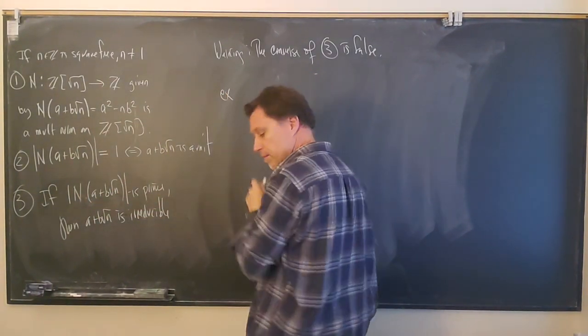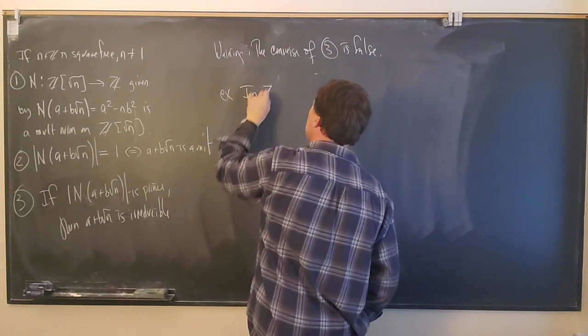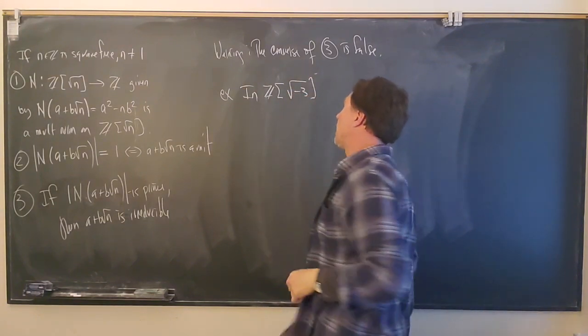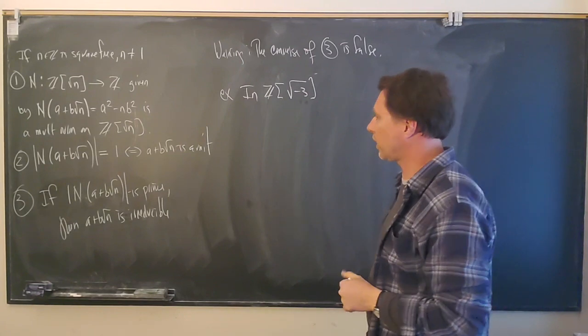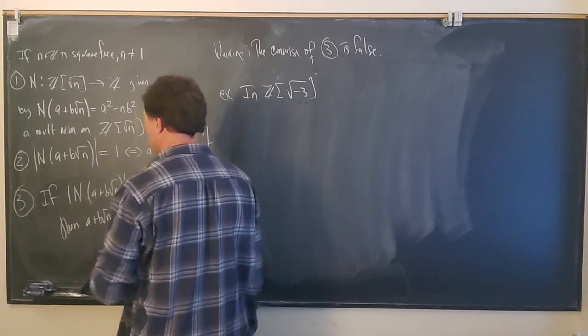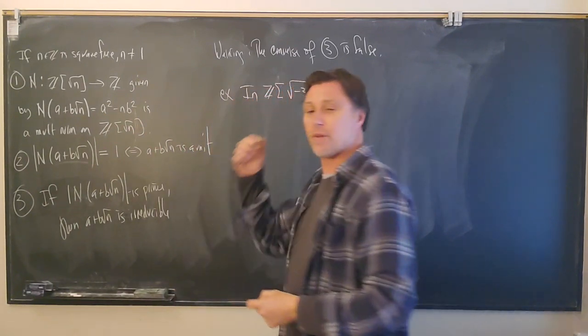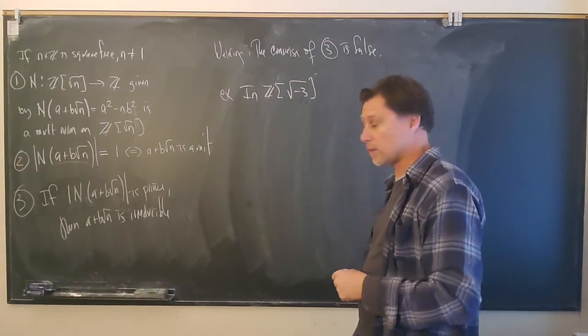I'm going to look at Z bracket square root of minus 3. Remember, we're allowed to put any integer here, and then we define what this means: the elements look like this, which means that we can have imaginary parts in here. These are all subrings of the complex numbers.